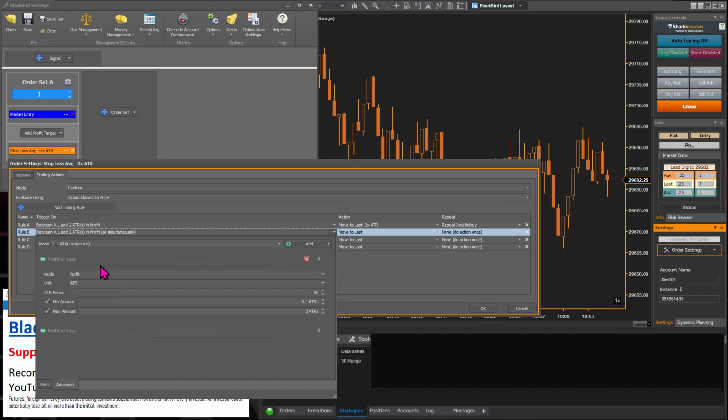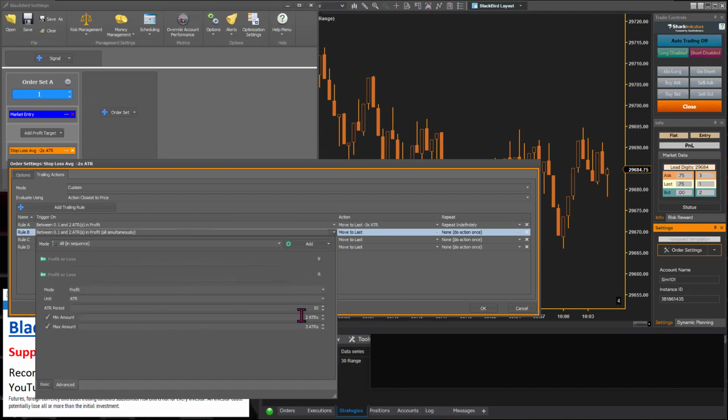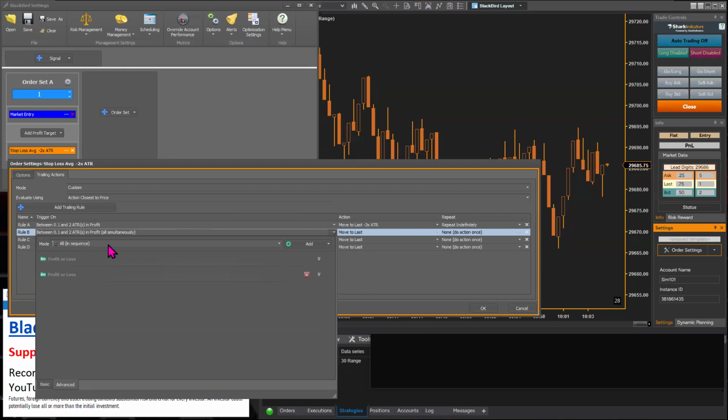So this profit amount needs to happen first, and then this next profit amount happens second. So there we go. The key here is to use the mode all in sequence.